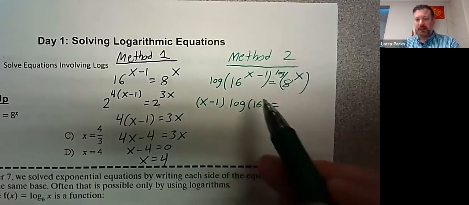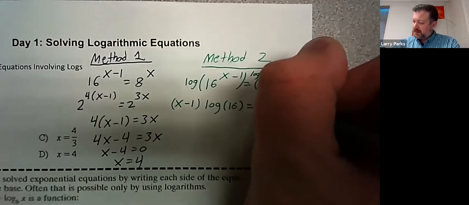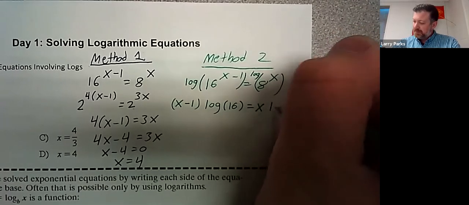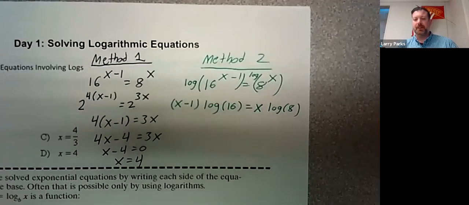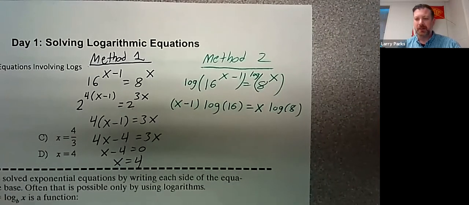And then the exponent can come down. So that's one thing nice is that power rule with the exponents is if you take the log, then the exponent can come down. From there, there's a couple ways we could do this.